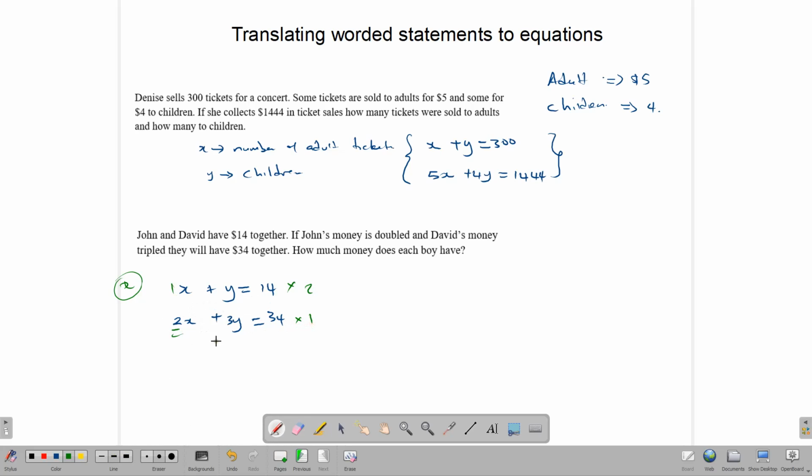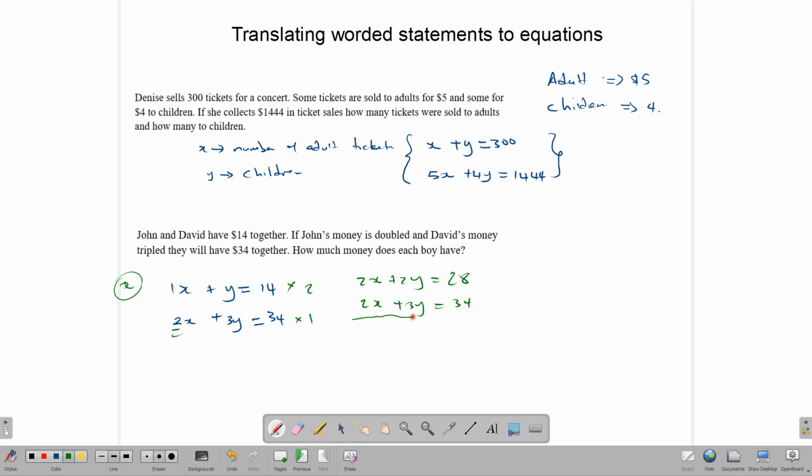This will remain unchanged. So 2 times x gives us 2x, 2 times y gives us 2y, and 2 times 14 gives us 28. Now, this equation is unchanged because we're writing it as multiplying by 1, so we put our 2x plus 3y is equal to 34.